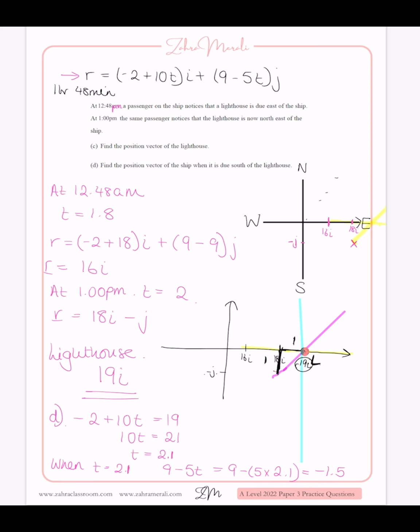So the position vector of the ship will be 19i minus 1.5j. So we know how far down it's going to be. So it's going to be somewhere here. So that's where the ship's going to be. I hope that makes sense.